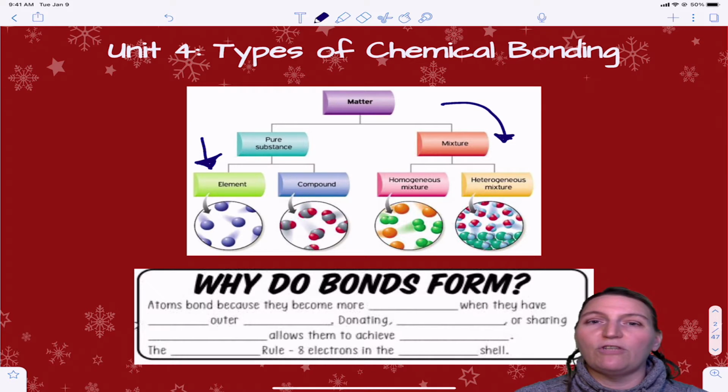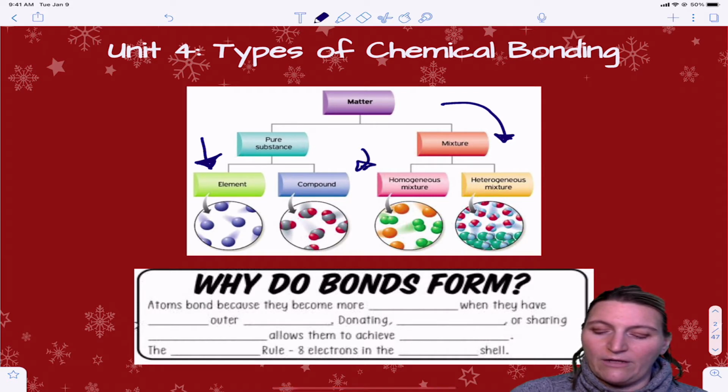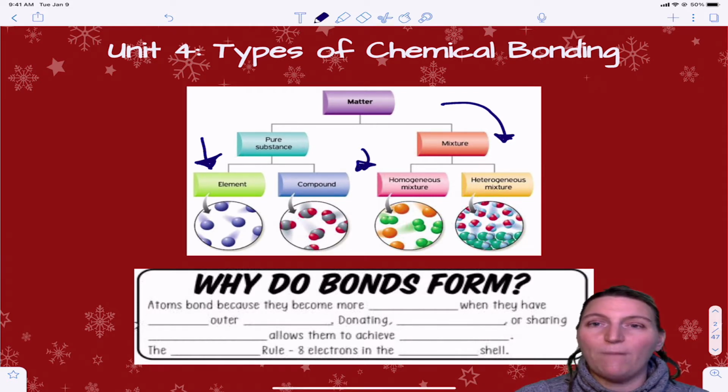We did a whole chapter on the structure of atoms, looking specifically at the nucleus. Then we did a whole chapter looking at electrons, and then the periodic table, the different types of elements that there are. Now we're focusing over here on compounds. And compounds, we know, are when we have multiple atoms bonded together.